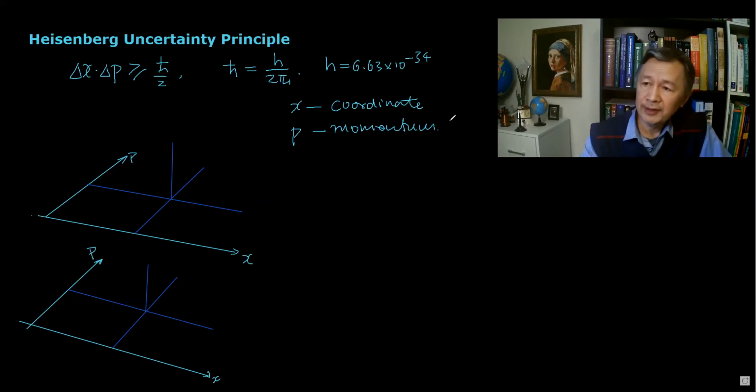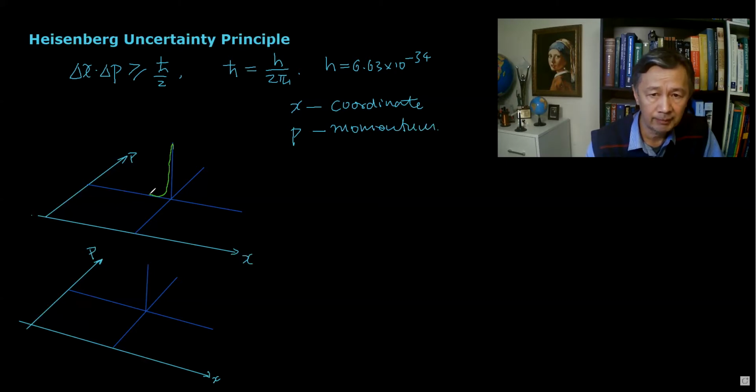For example, if you want to measure the position or coordinate of the particle, you can use a very good instrument and develop very high experimental skills. And you probably will measure something like this. If you do this measurement many times, you will get a distribution of your measured results.